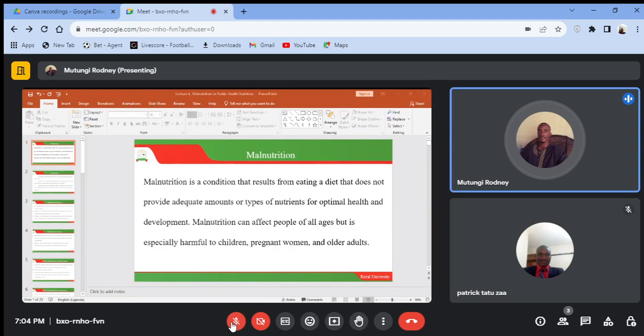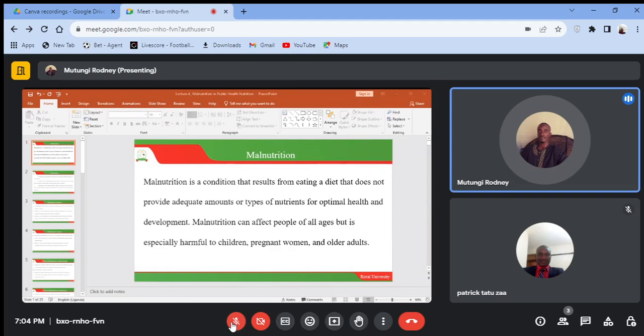So we should pay attention to that first definition, although the one that I'm showing on the screen hasn't captured what I said, but you should note that malnutrition includes both angles. You're having people who eat food that is deficient, or their body lacks the nutrients that are required by the body, but also those people who are having excess of these nutrients.